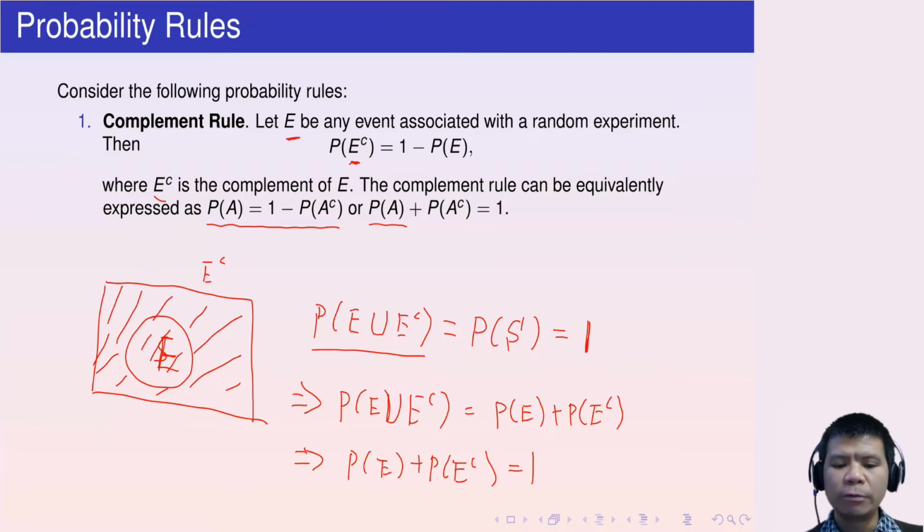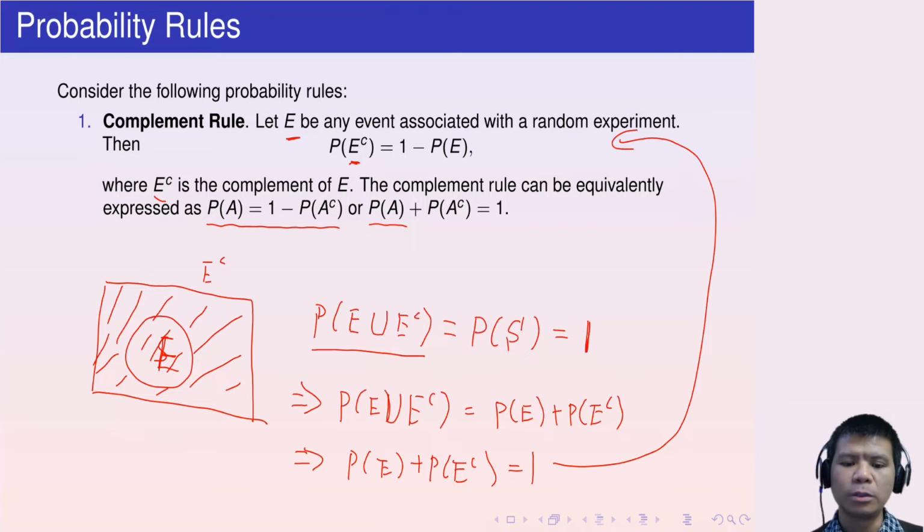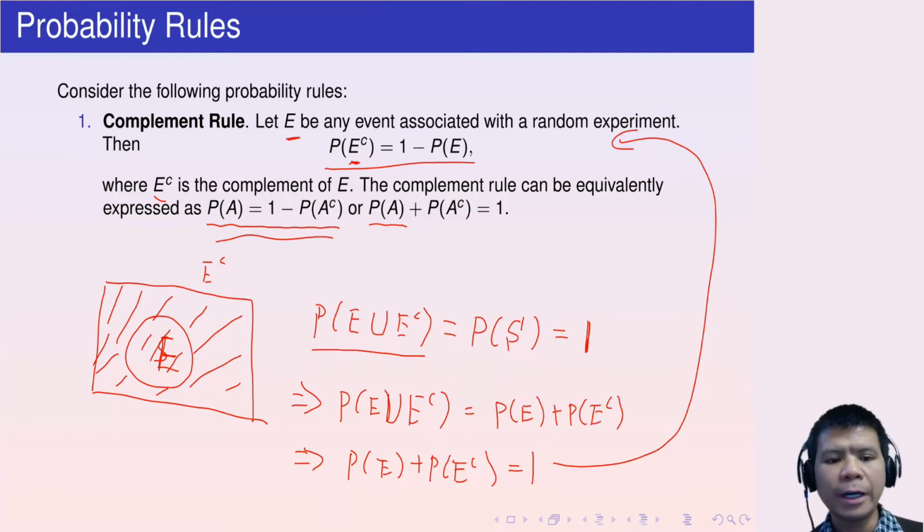Therefore, the probability of E plus the probability of E complement equals 1. If we subtract the probability of E on both sides, we get this equation, and if we subtract the probability of E complement, we get the other one. So this is the complement rule. Now let's give you an example. If you flip a coin, you get a head or not a head.